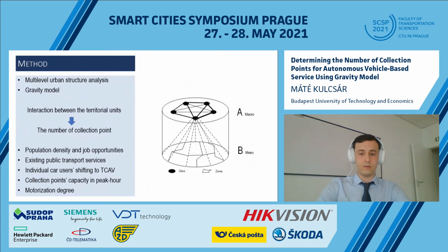Our method is based on a multi-level analysis using a gravity model. The value of the interactions between the zones and the cities gives the necessary number of collection points. At the macro level, we determined the number of collection points for the cities, and at the meso level, it is determined for the zones.